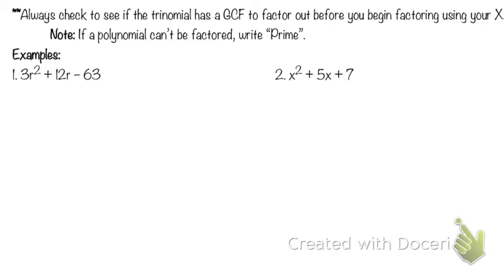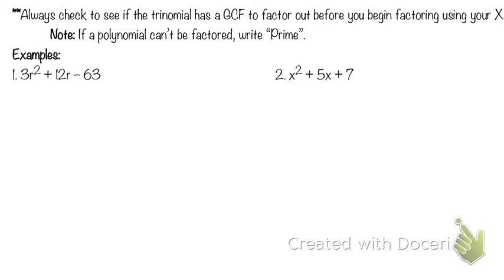So, we also want to check to see if a trinomial has a GCF before we start, okay? So, just like on our homework a few days ago, flashing back here to 7.1, where we just looked for a GCF of everything, and we said, hey, even 2 or 3 terms we look for GCFs in. We want to check to see if there's a GCF first before we make our x.